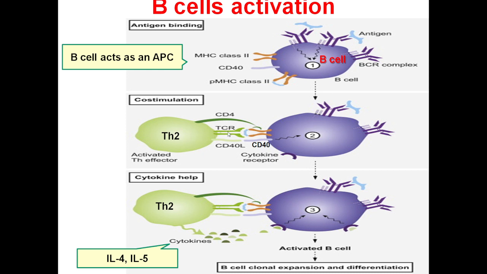T helper cell via T cell receptor recognizes antigenic peptide shown blue. CD4 receptor of the T helper cell recognizes MHC receptor type 2 itself to confirm that T helper and B cell may interact one with the other.